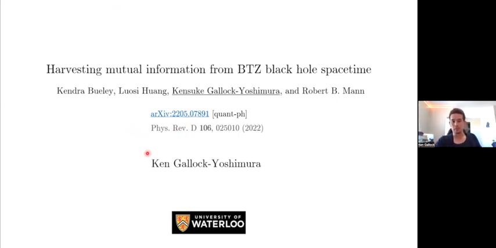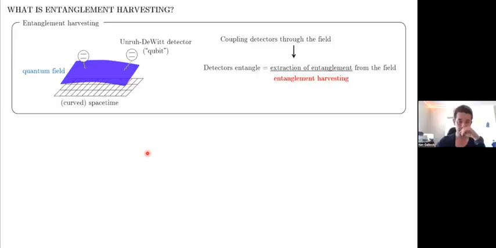So this project is about harvesting correlation. I know many of you know about entanglement harvesting, but I will just briefly go through what it is. You have curved space-time, and on top of it, a scalar field, and you prepare two particle detectors.